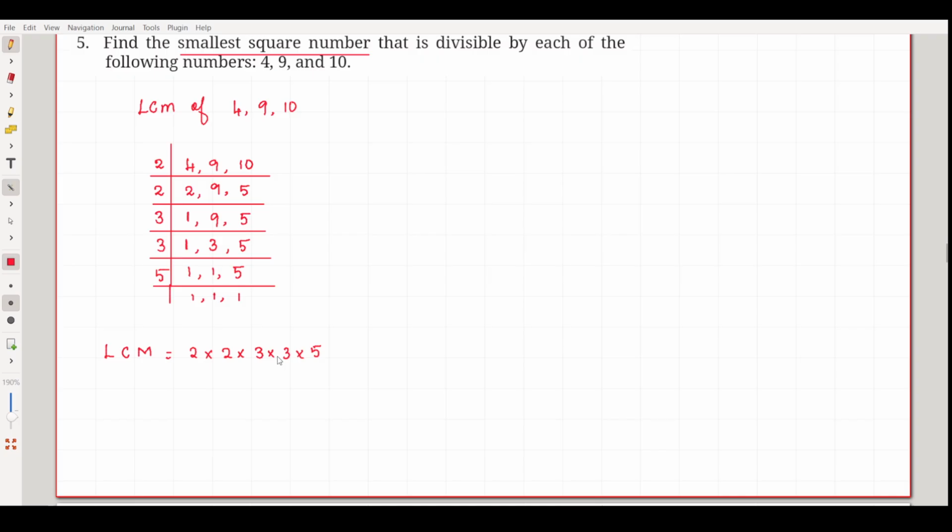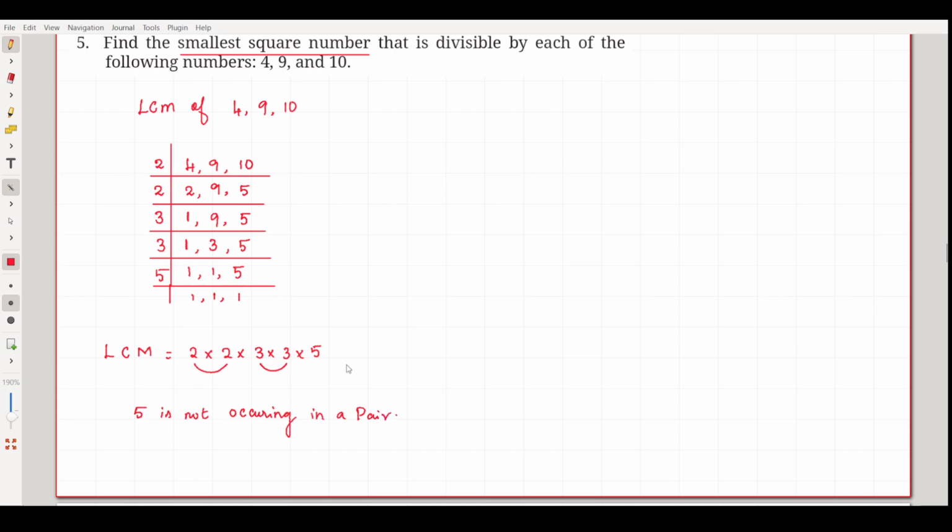Here, as we are dealing with a square number, we have to check whether they are forming pairs. 2 has a pair, 3 also has a pair, but 5 is not occurring in a pair.